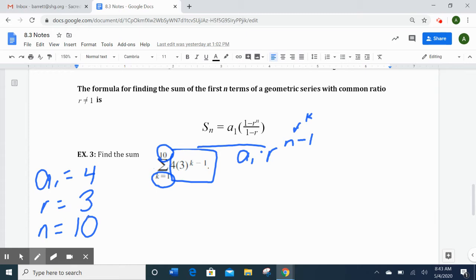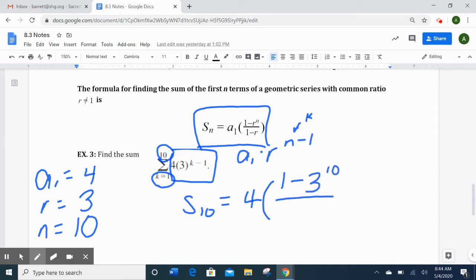So I am going to use this new summation formula to find the sum of the first 10 terms, which is 4 times 1 minus 3 to the 10th all over 1 minus 3. So I have to do that exponent first, and then the numerator divided by the denominator. So I'm going to take 3 to the 10th and get 59,049.